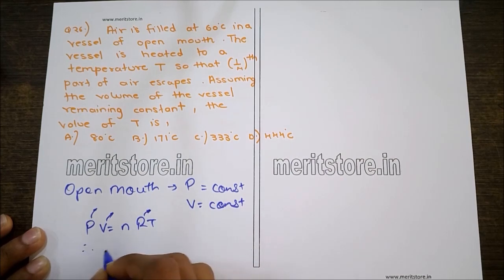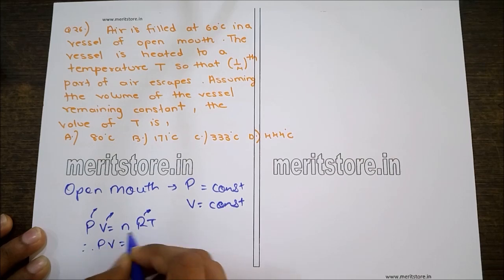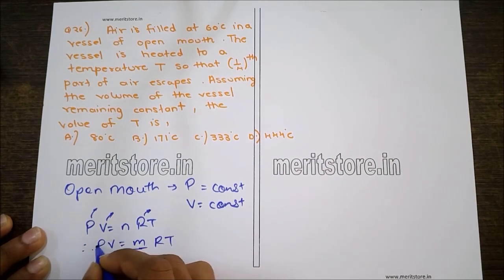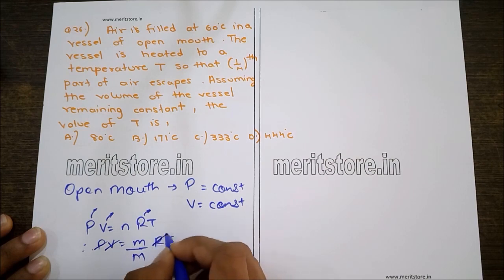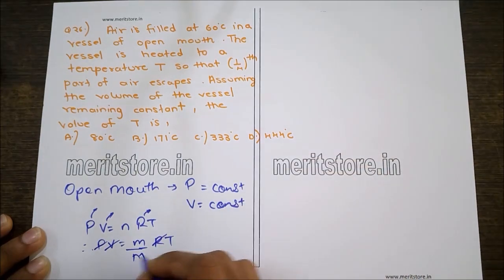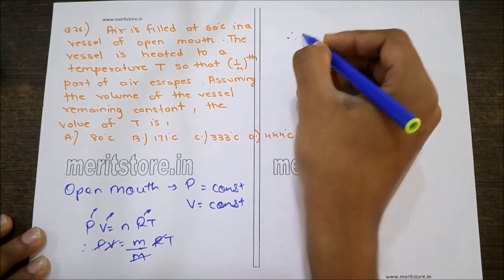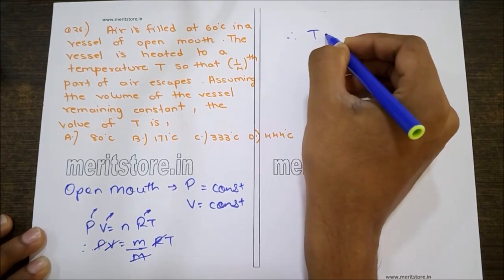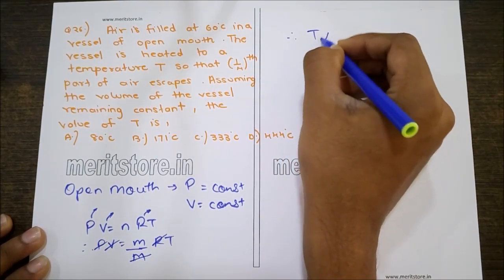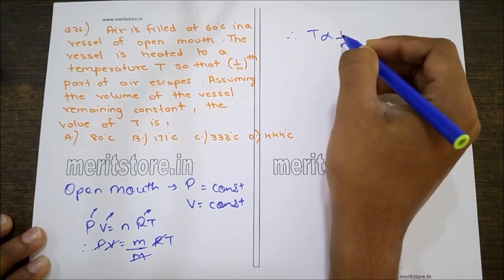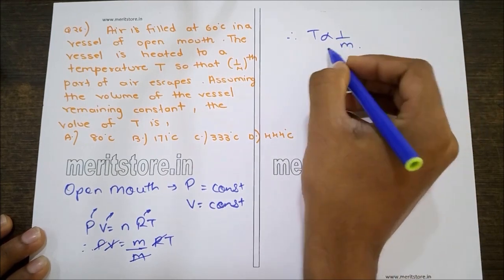So PV, the number of moles, can be written as mass upon molecular mass times R into T. Now in this P, V and R are constants, and the molecular mass is also constant since the gas does not change. So therefore T can be written as inversely proportional to the mass of the gas.